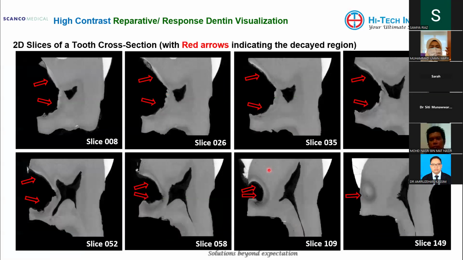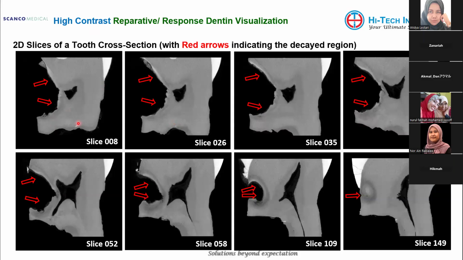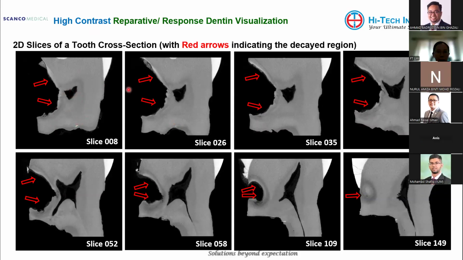And of course, I have also compiled it into slices, so different slices. This cross section should be considered the XZ view of the tooth itself. You can see how bad the decaying region is, and this is getting less and less. You will see the contrast very well.